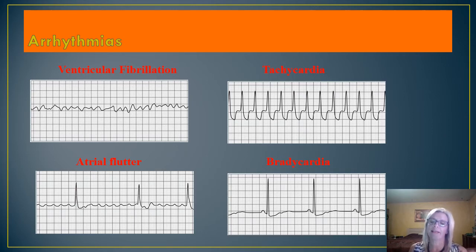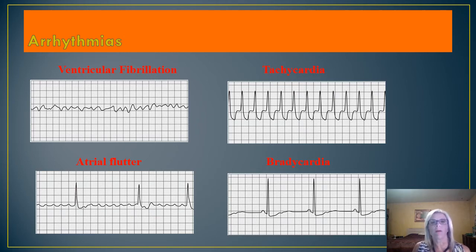So tachy is fast, bradycardia is slow, and you can see the distance between each of these waves and how different that is. Bradycardia is a heartbeat lower than 60 beats per minute, and this can be caused by low body temperature, drugs. It can also be low during sleep normally. Athletes have a lower resting heart rate because their heart is so efficient.